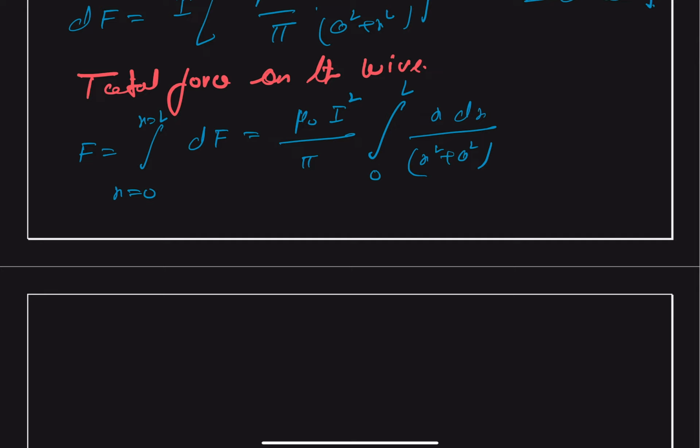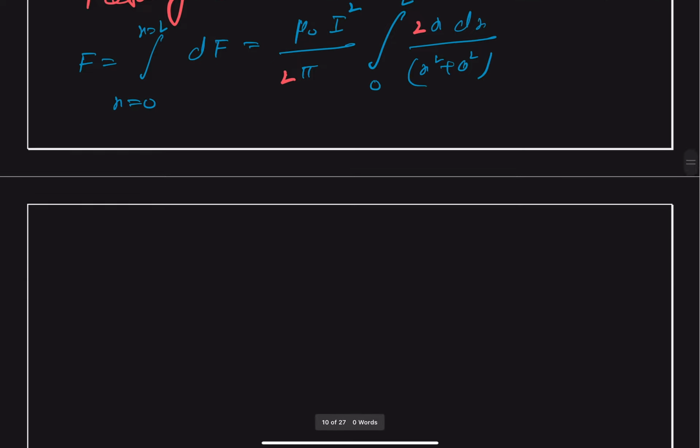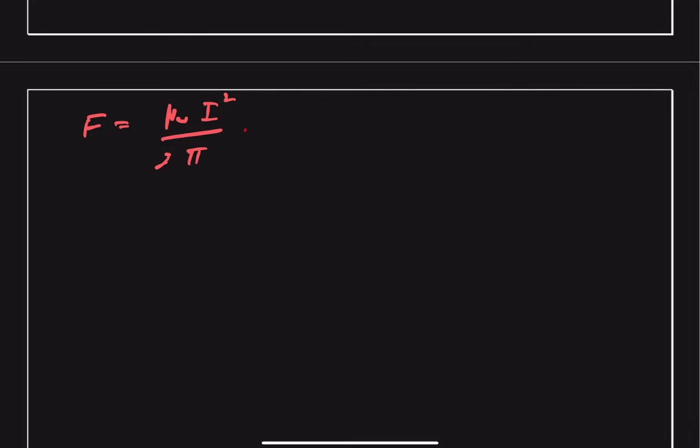Because it's a derivative, we can just divide and multiply by 2, so automatically the derivative of the denominator is in the numerator. So we get our force F equal to mu naught I square upon 2 pi, natural log of L square plus A square divided by A square, K unit vector, with a minus sign.